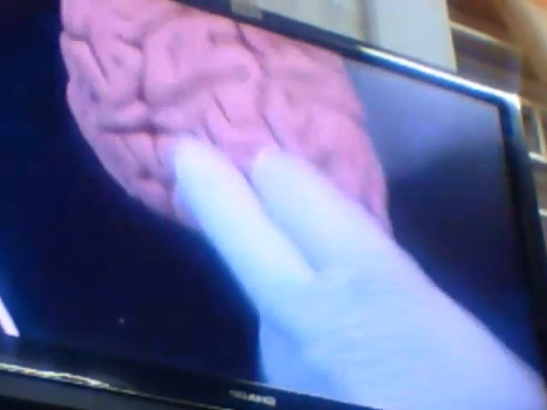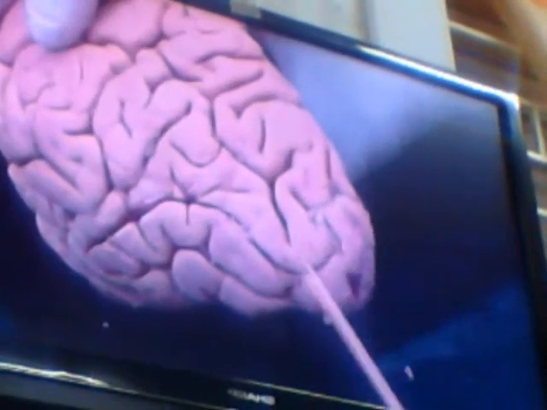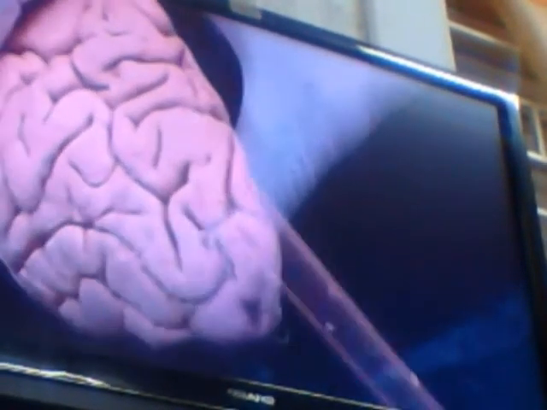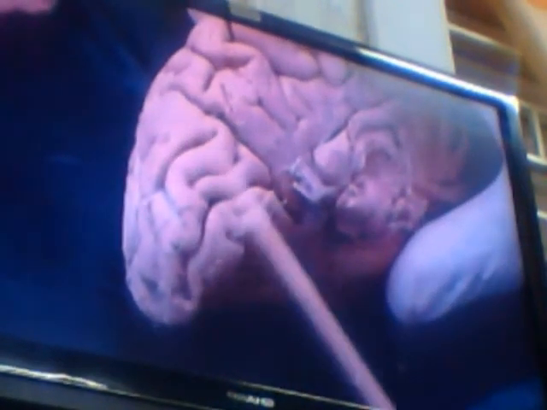Alright. Now, what about this part behind here? What do we call this area behind here? The occipital lobe, right? And it looks almost like a wedge.